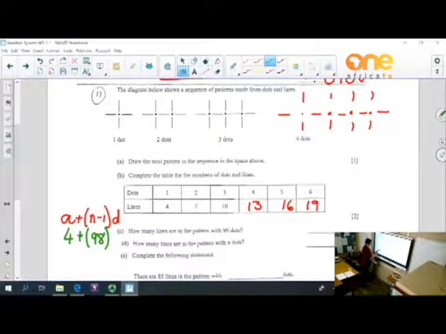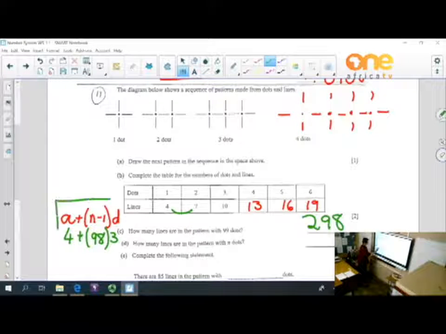And D stands for the common difference. So what is the difference every time here? 3. So if you substitute a 3 in there, and if we just do that calculation, I got 298. You see, that's much easier than sitting and doing trial and error on your calculator.